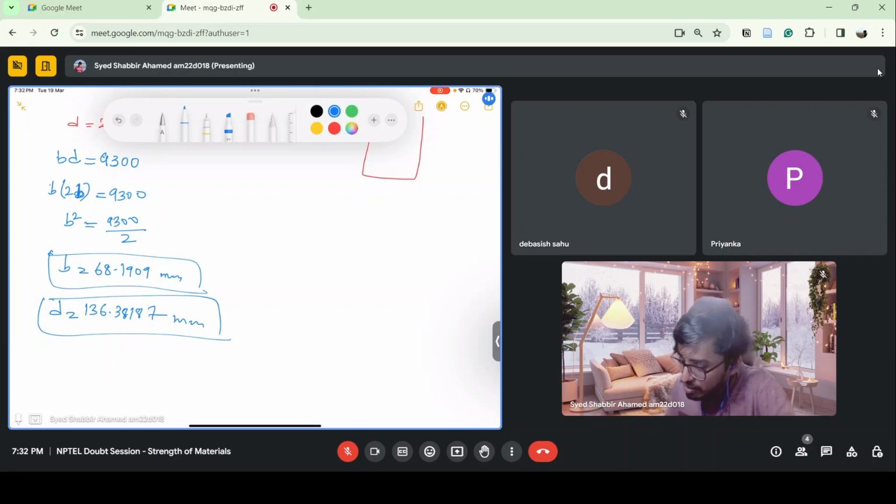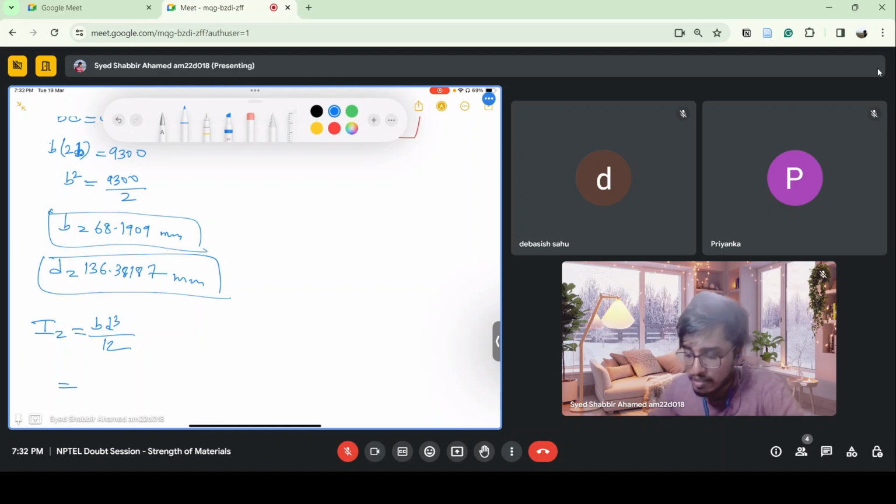Again, we have to calculate the moment of inertia. I think it is BD cube by 12 for a rectangular cross section.